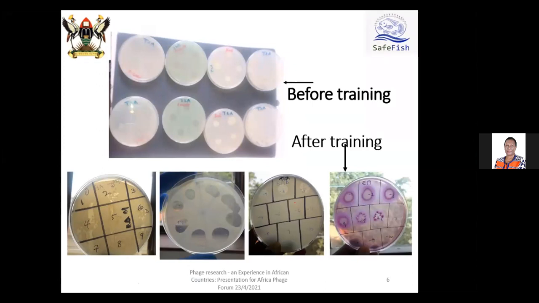So we tried out, but the students were looking up to me, thinking that I knew, but I was also as naive as they were. So we didn't know exactly what the phage plaques looked like. All I had in mind was a zone of inhibition.